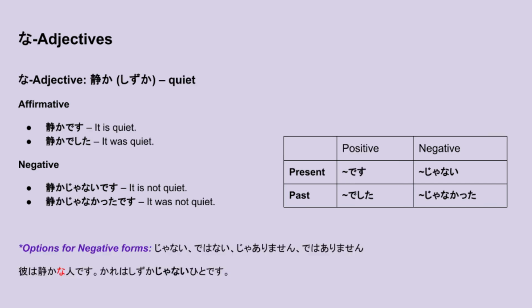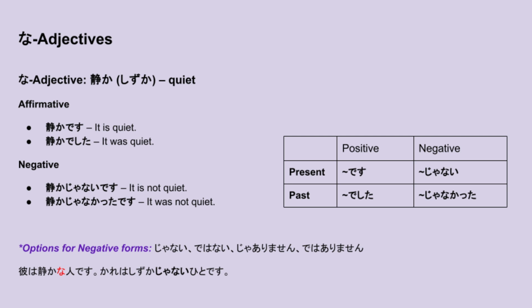Whatever works for you. We have the same format when it comes to na-adjectives. The positive present tenses are exactly the same in i and na. You use the infinitive form of shizuka for this example, and add desu at the end. Shizuka desu is "it is quiet." Very easy, very straightforward.